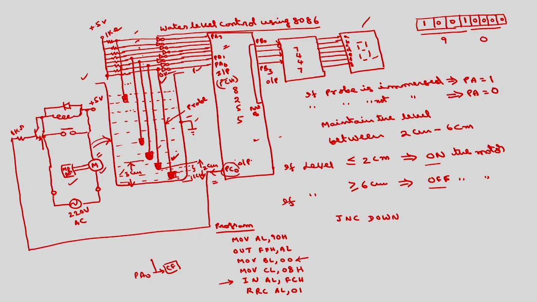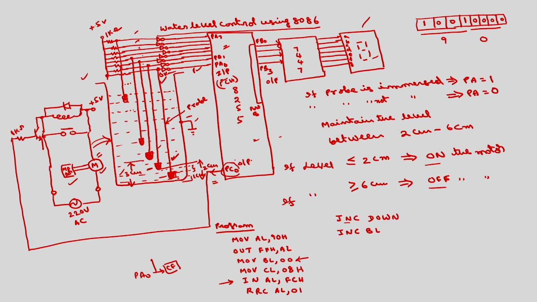So after RRC, if jump not carry is true, the last PA naught is 0. PA naught is 0 means no need to increment, we go check for the next PA1 and so on. If jump not carry is false, means PA naught is 1. So you have to increment BL, INC BL, because PA naught is 1, already 1 centimeter.